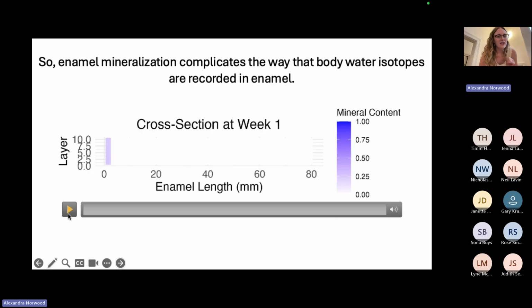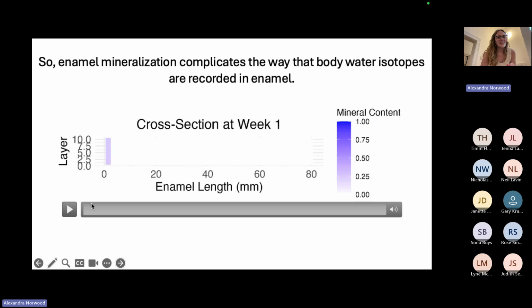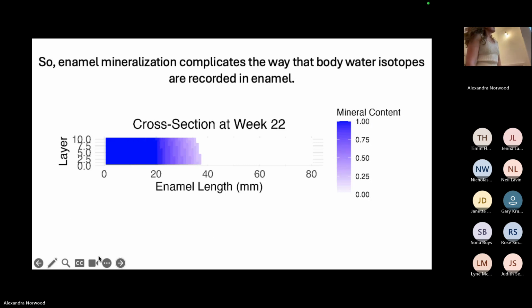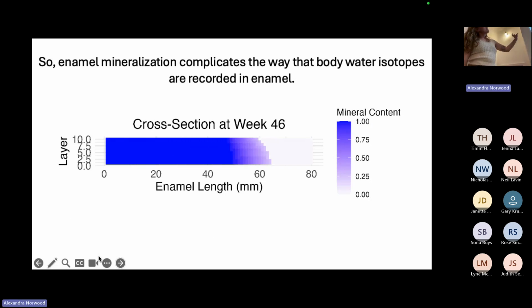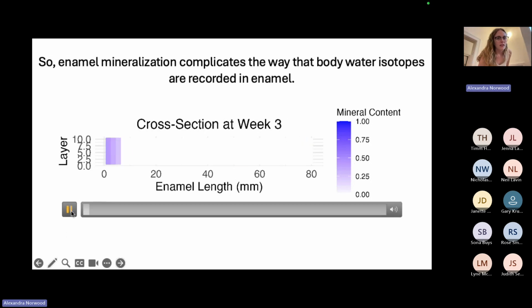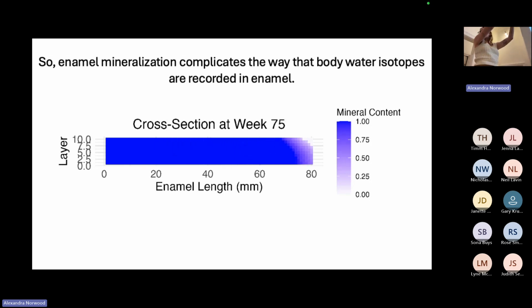And I want to show you this video of the enamel mineralizing in a zebra tooth as a model, that gives you a sense of how this pattern looks in real life. So you can see it slowing down as you get towards the end of the tooth, that angle changing, and that the first angle of the edge coming out is different from that second angle coming through.